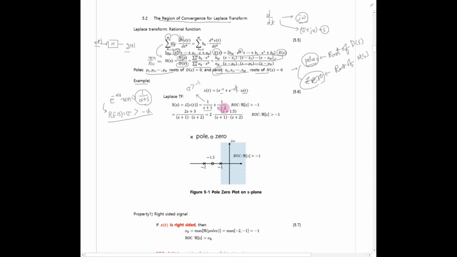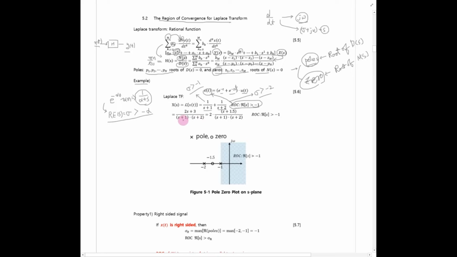And for the second exponential e to the minus 2t, the region of convergence is sigma greater than minus 2. But x(t) should satisfy both regions of convergence, so the condition is required of both signals. Because of that, the final region of convergence should be defined in this way. So this is the region of convergence for x(t).